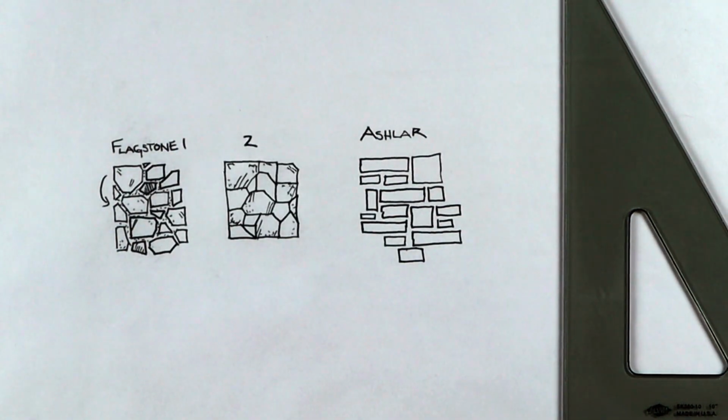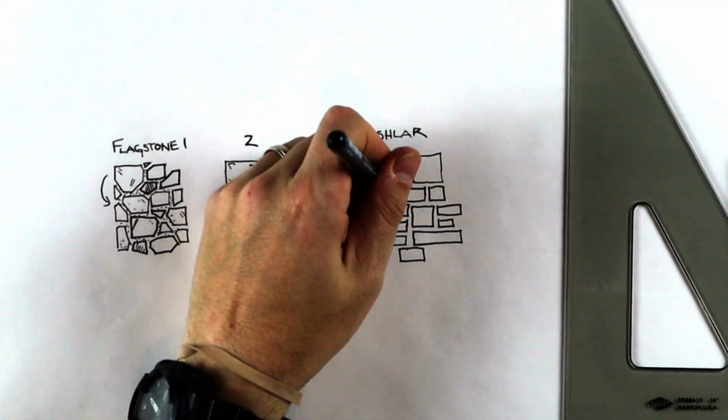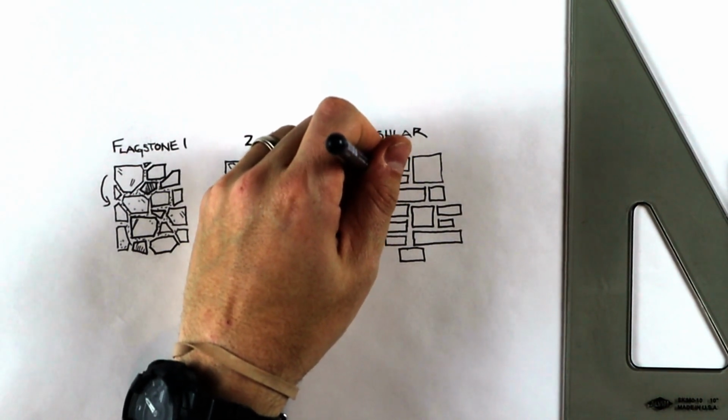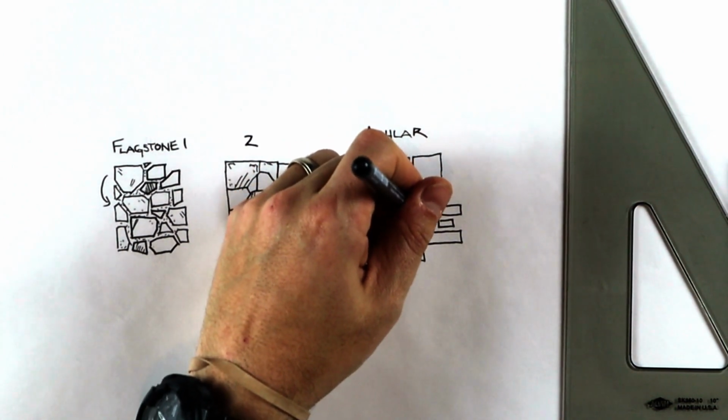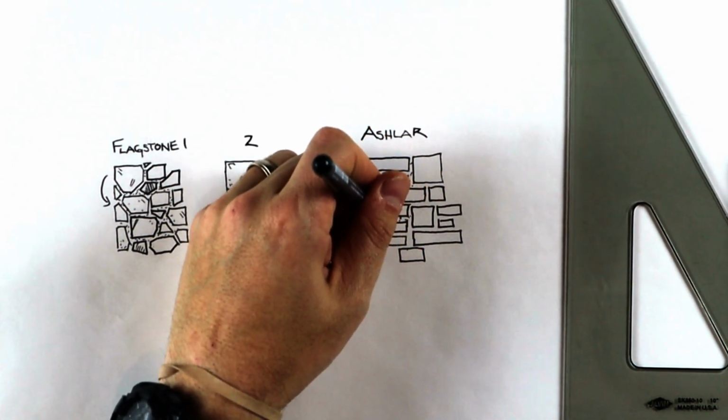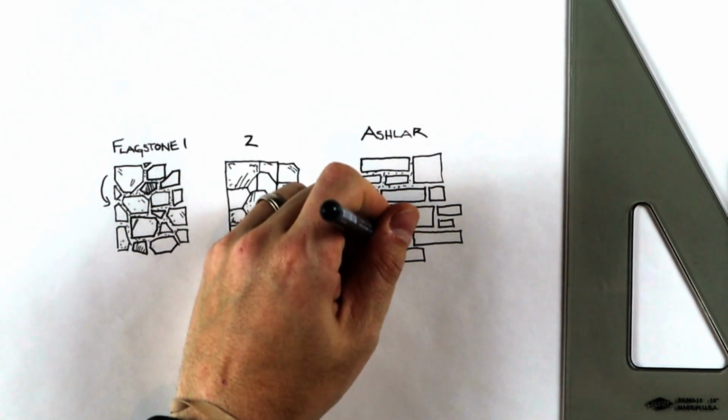And then if I was to do that now, I'm going to come in again and stipple in between the joints, giving a nice aggregate look.